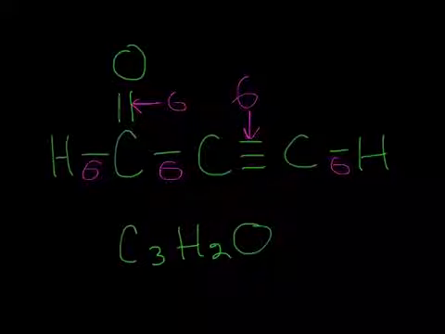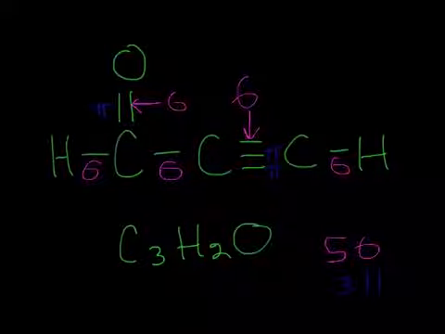So that molecule would have 5 sigma bonds. The additional bonds, though, are pi bonds. So there's 1 pi bond, 2 pi bonds, 3 pi bonds. So the triple bond actually has 2 pi bonds in there. All right, so that molecule right there is 5 sigma, 3 pi.